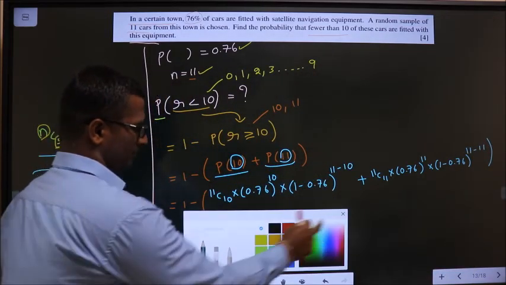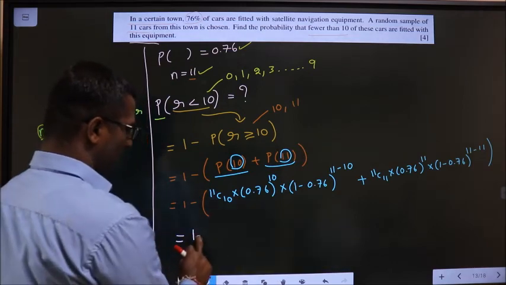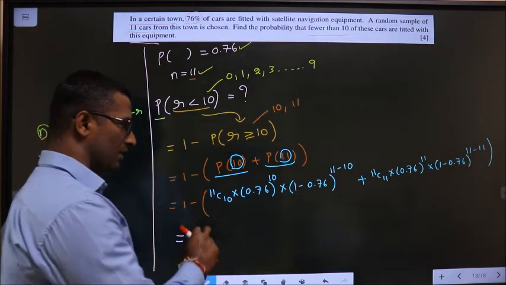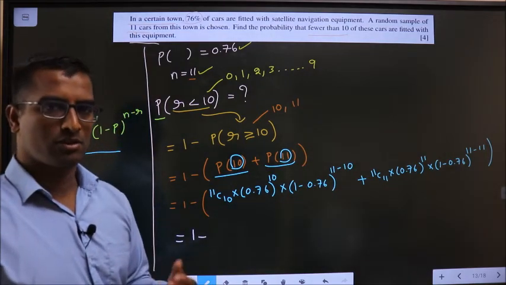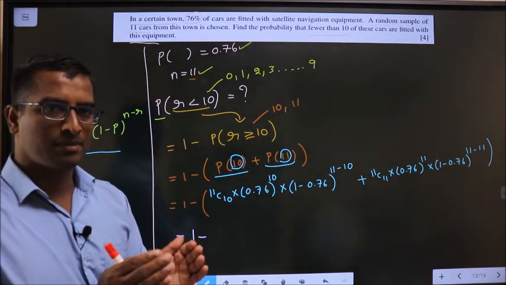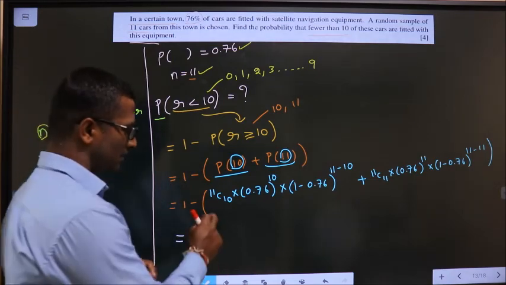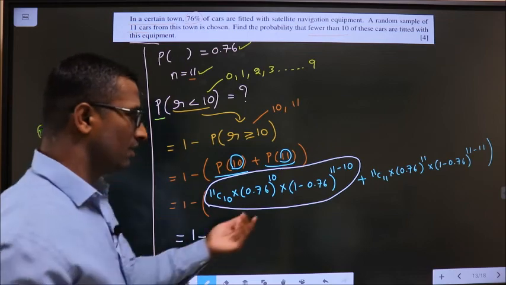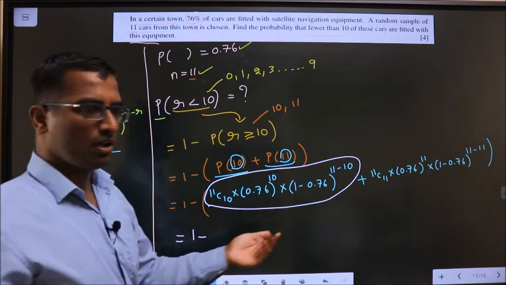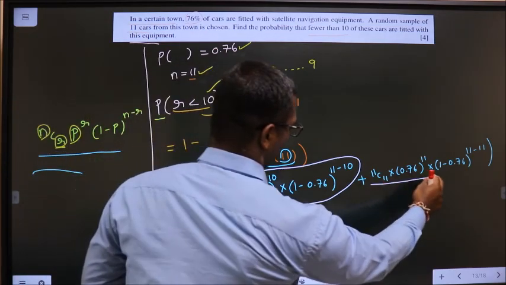Now, 1 minus. Now I cannot put both at once in the calculator. So what you should do is add them piece by piece. First you put this in the calculator. Whatever answer you got, add that to this one.